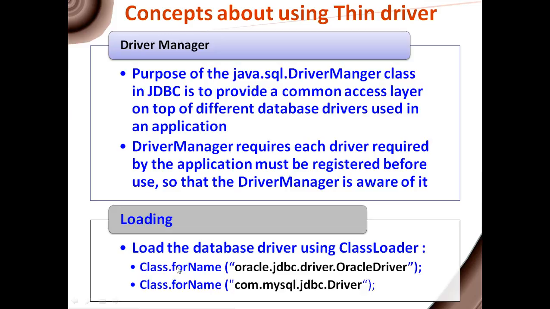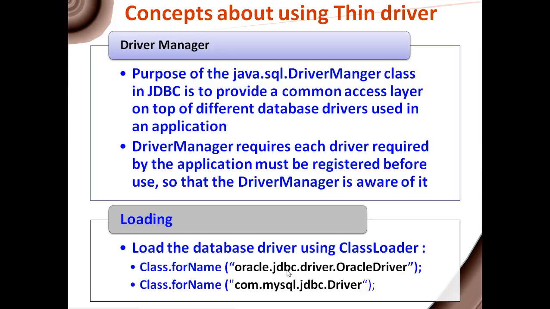So Class.forName is the way it has to be done, and then give the complete full name for that driver, that is oracle.jdbc.driver.OracleDriver. Similarly for MySQL, the full name is com.mysql.jdbc.Driver. If you make a mistake here, your loading of the driver will not go through, and your program will not work.